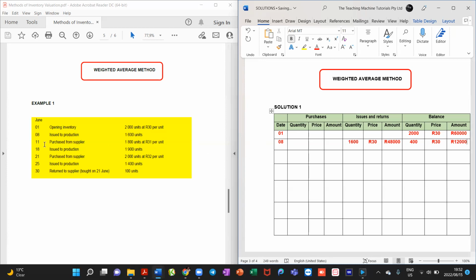On the 11th, it says purchased from supplier. How many units? 1.8 units. And then the price per unit is 31 rands.